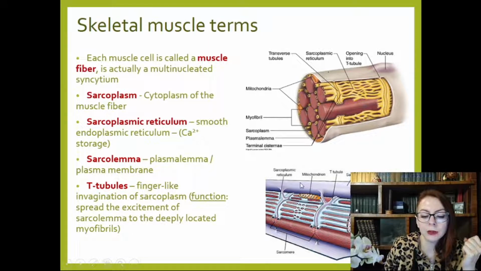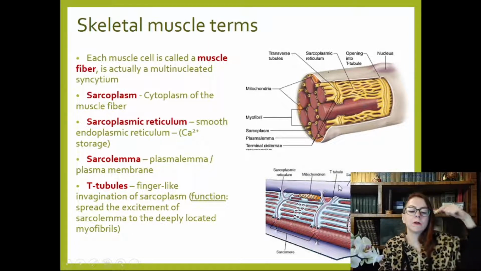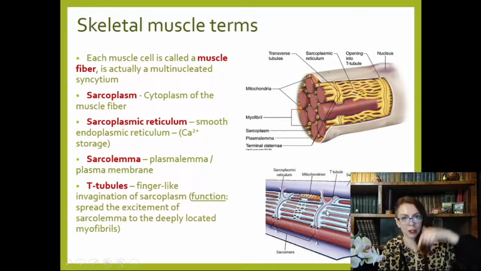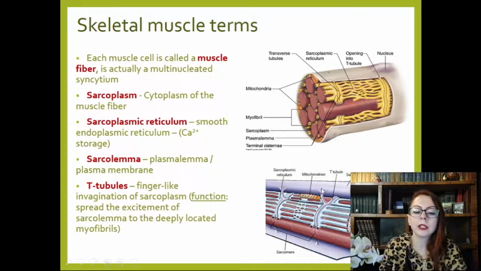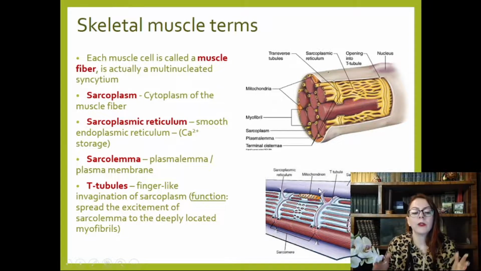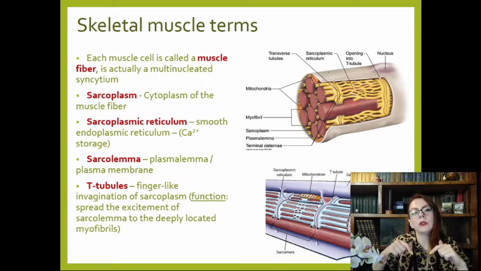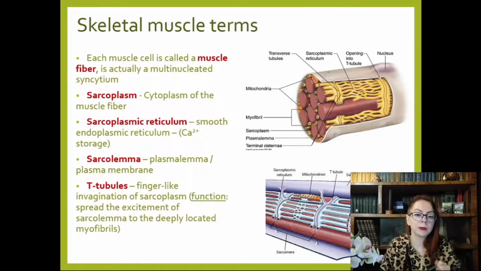Here this system is. You can see that the sarcolemma sends finger-like invaginations inside the cytoplasm, inside the sarcoplasm, and in this way the excitation of the membrane is spread to the deeply located myofibrils. As you can see, myofibrils, or contractile filaments, are located not only under the membrane but also in the center of the cell.